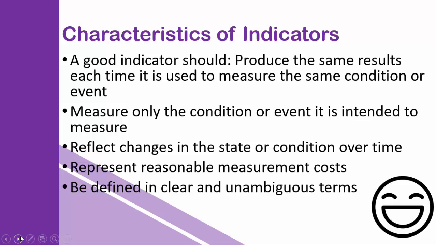Represent reasonable measurement cost. Be defined in clear and unambiguous terms. But most of all, indicators should be SMART: specific, measurable, attainable, realistic, and time-bound. That's how indicators should be.